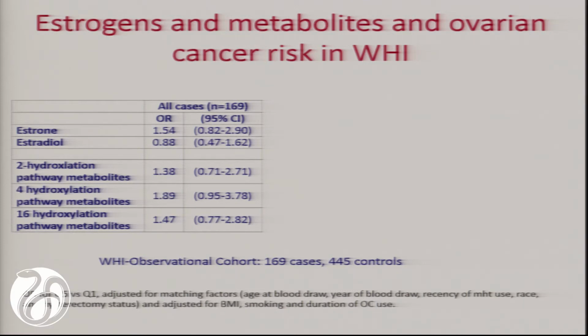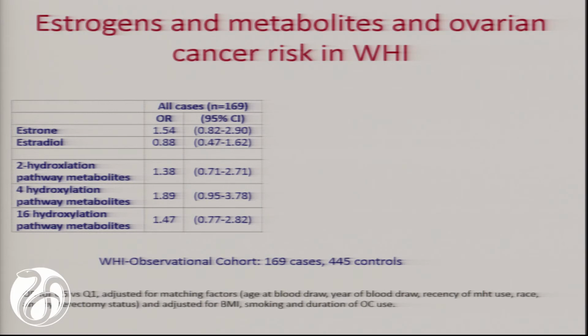Now, if we look at all cases combined, and this is a prospective study nested in the Women's Health Initiative observational study component, we did not see a significant association with ovarian cancer risk, as you see here, although there are some indications that there might be increased risk. This is just pulling out combinations of pathways.